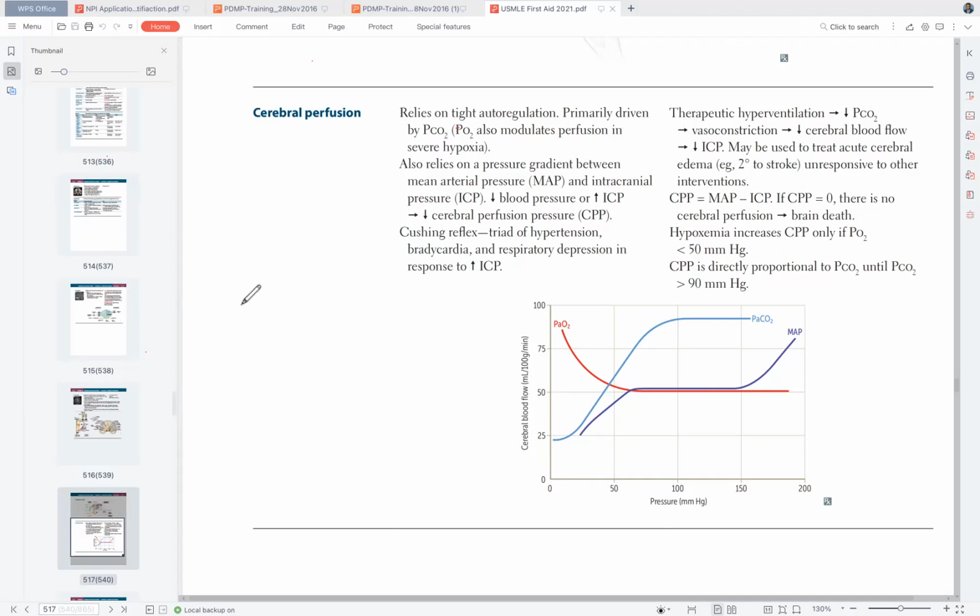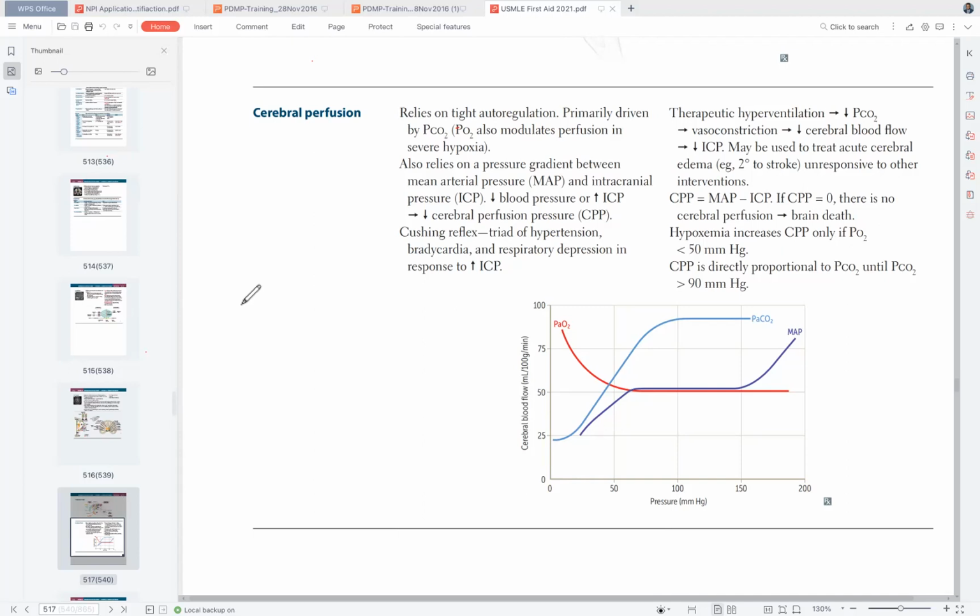So when I'm approaching questions like this, sometimes they'll ask you, this happened in the patient, what do you expect? A patient can come and they put a lot of oxygen on the patient. What would be the effect of that oxygen on blood flow to the brain? If somebody comes to you with a head injury and is losing consciousness, we want to reduce the swelling in the brain.